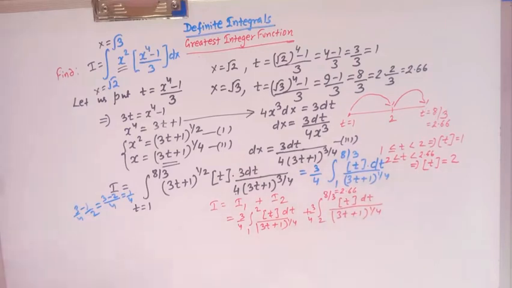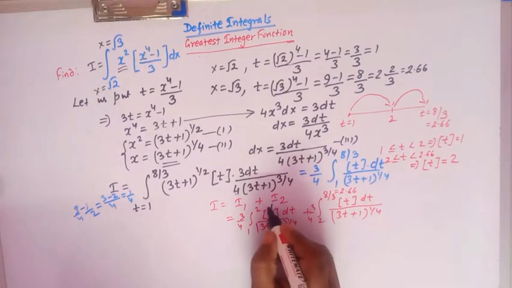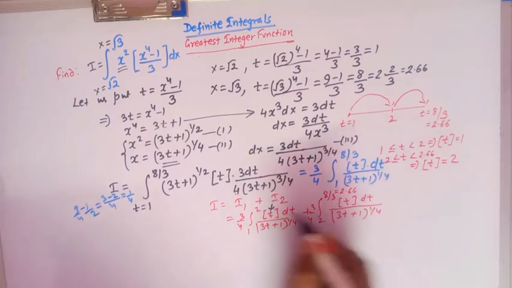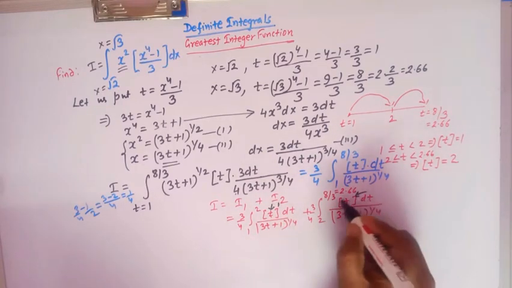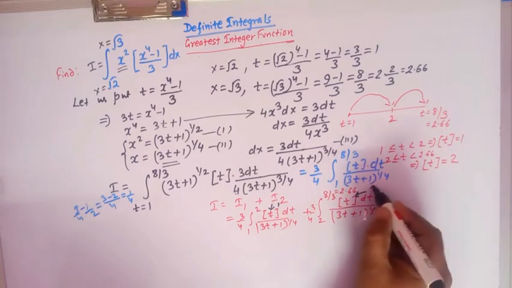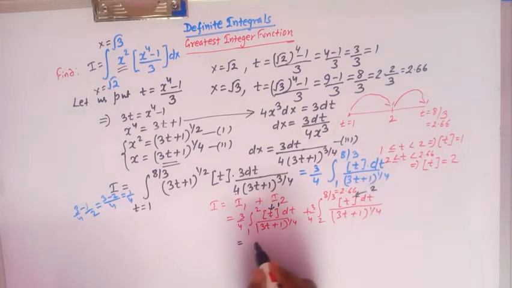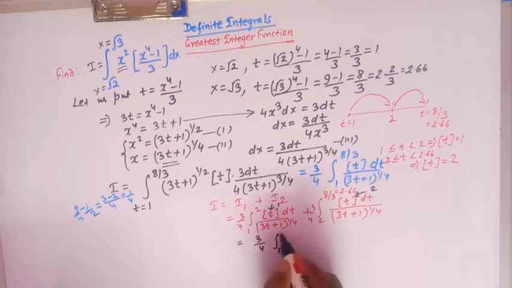Okay, so now here we have to take the greatest integer t as 1, and here we have to take the greatest integer t as 2, right? So now we can rewrite it as 3/4, 1 to 2.